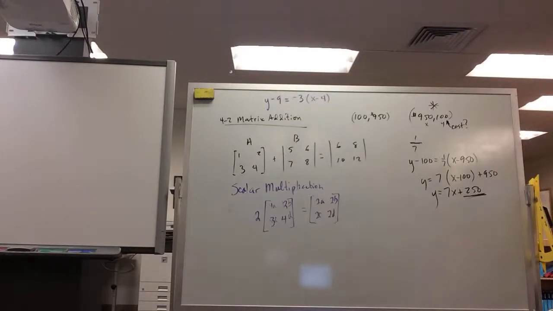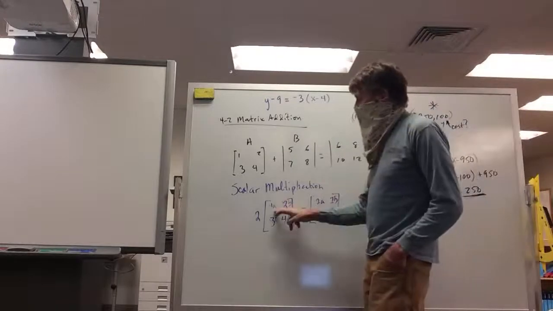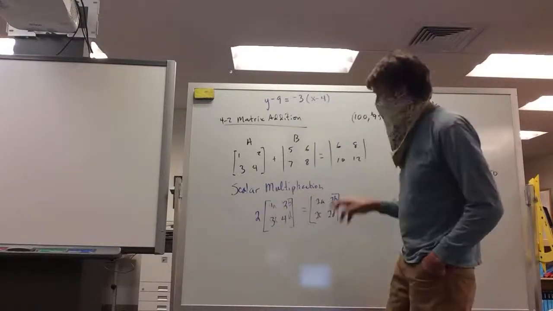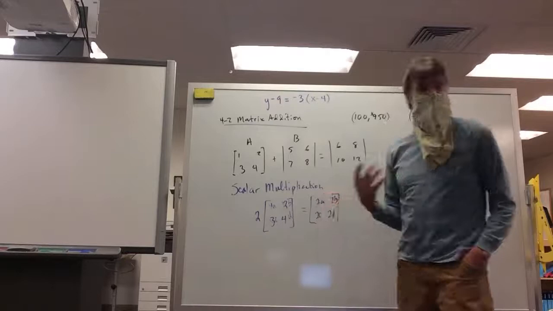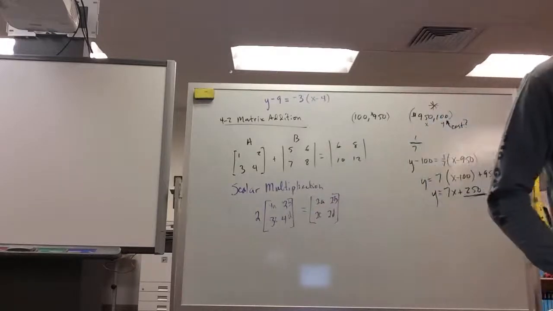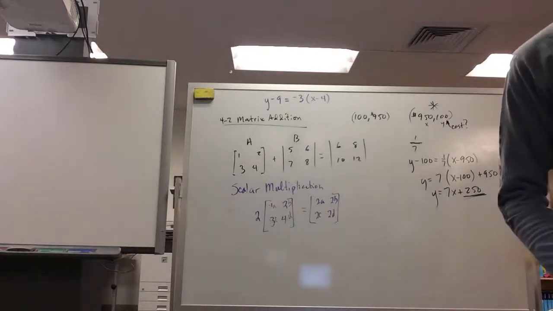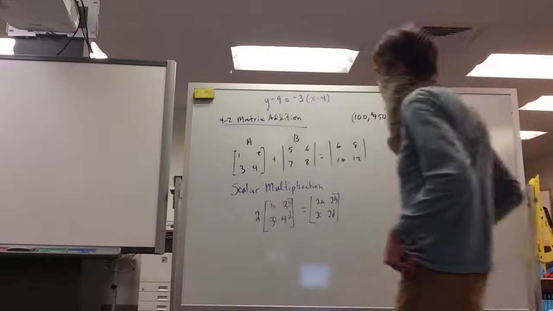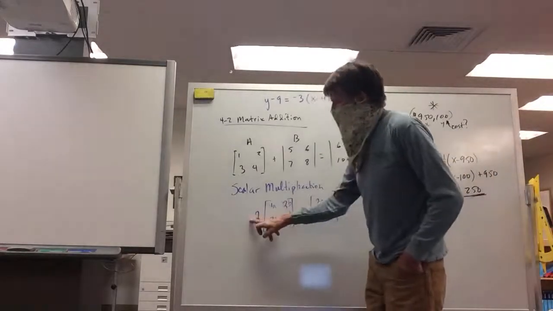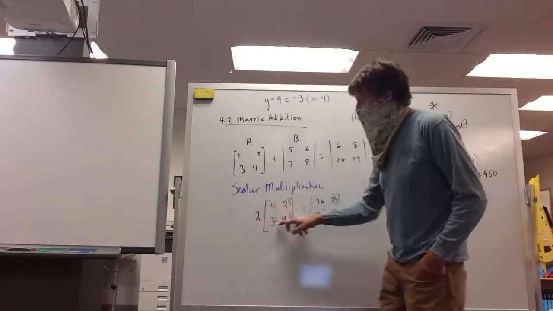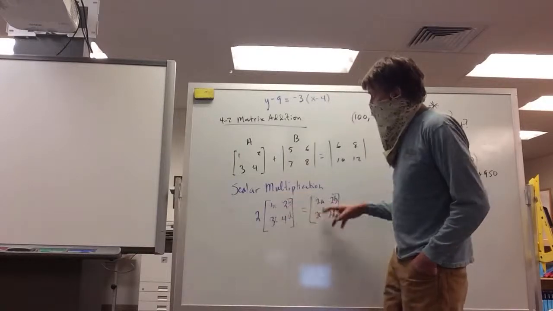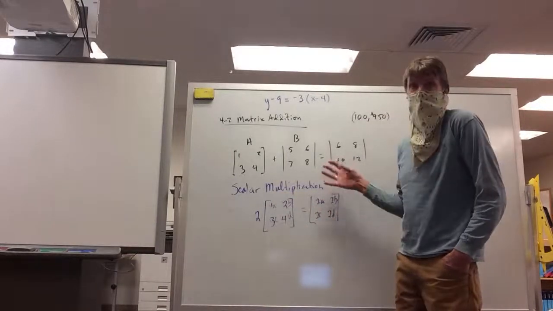The scalar product is the result of scalar multiplication. They give that a definition in the book. It says the scalar product of a real number k and a matrix A is the matrix kA in which each element is k times the corresponding element in A. So what they mean is, if this is k, your scalar, and this is matrix A, the result is going to be k times that matrix.